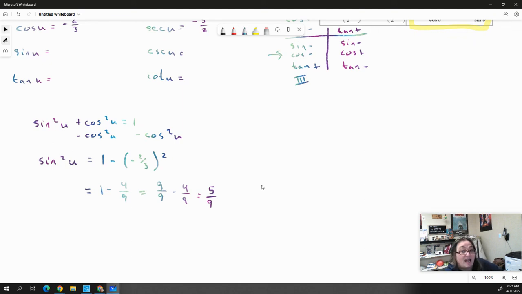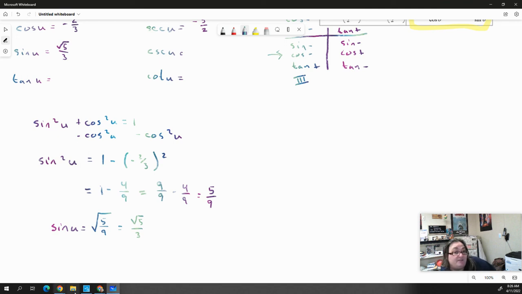So we know that sine squared of u equals 5/9. So sine of u is going to equal the square root of 5/9, which is the square root of 5 over 3.